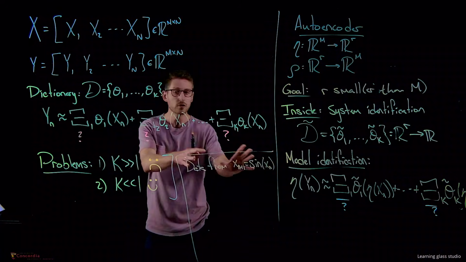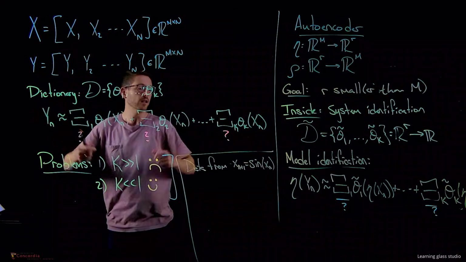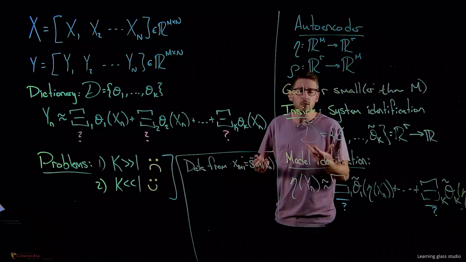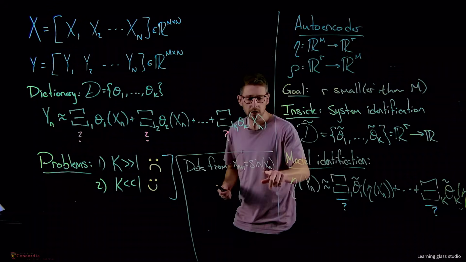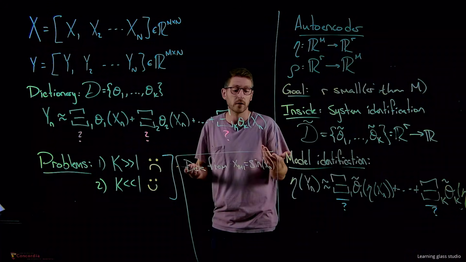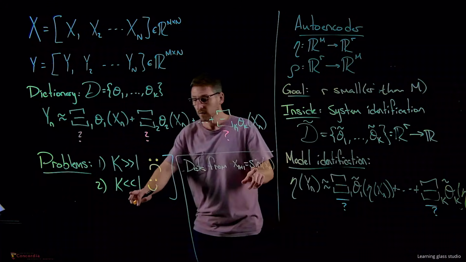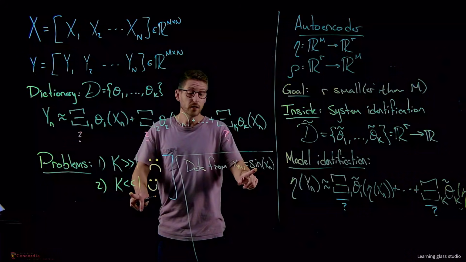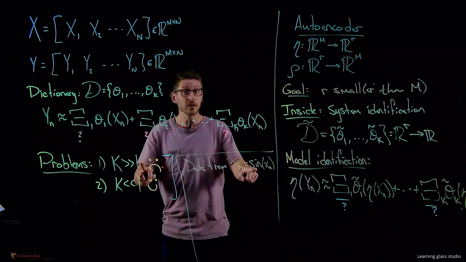Now imagine you just do SINDy, or good old-fashioned model identification, using a dictionary of monomials. Well, what's one thing you could expect? I'm not going to get the system identically, because I didn't put a sine in there. If I put the right one in, I would be very happy. But good luck guessing that. So unfortunately now I'm stuck approximating it.